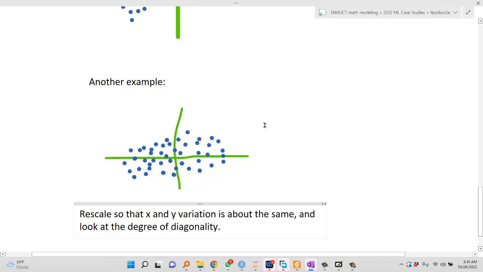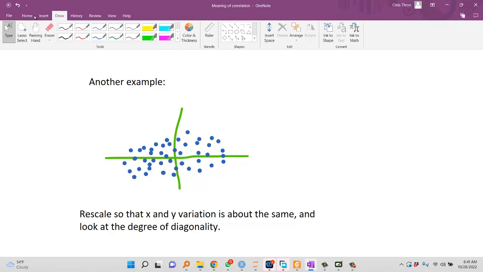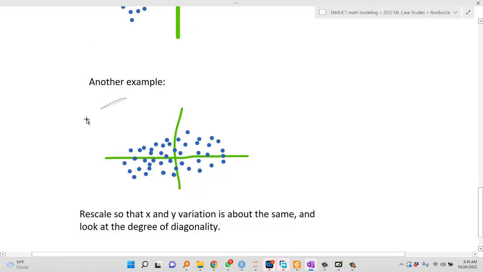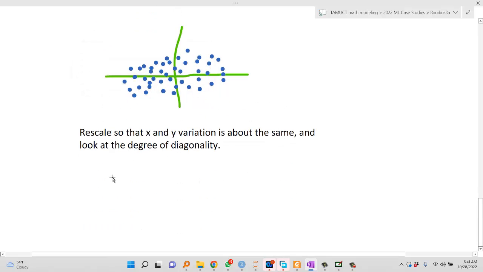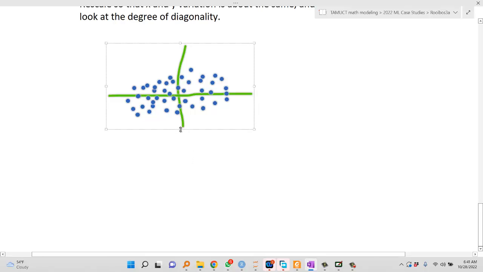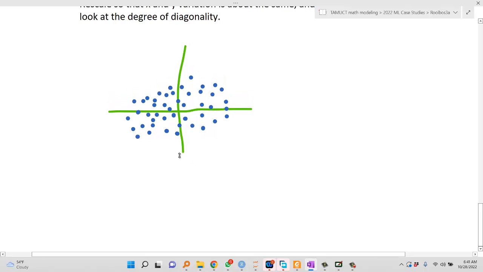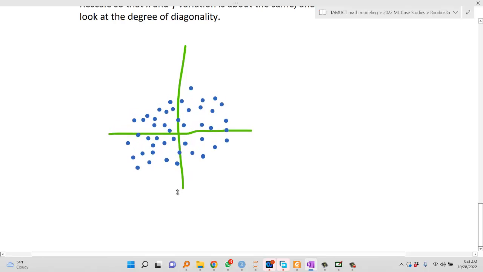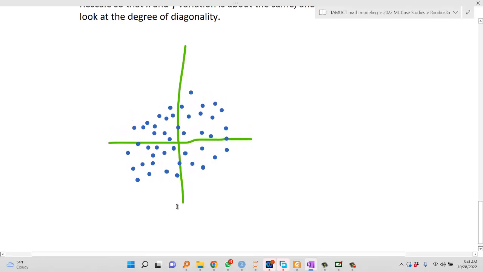Let me take this picture, and I'll select it, and I'll make it bigger down here. This means, again, I'm going to stretch out the y so that the x and y variation is about the same. You can see it's distorting the points.